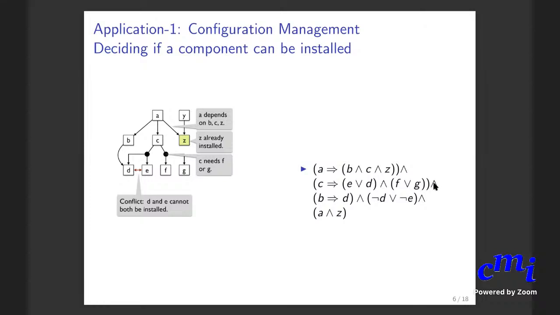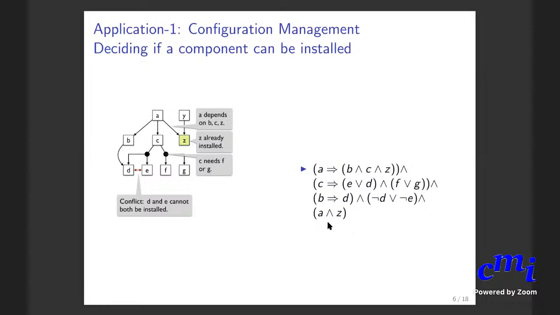Similarly for D, and the constraint that D and E cannot be simultaneously installed can be modeled as: you can only have one of D and E. And the whole thing is, Z is already installed, therefore Z has to be true. And the goal is for A to be installed.